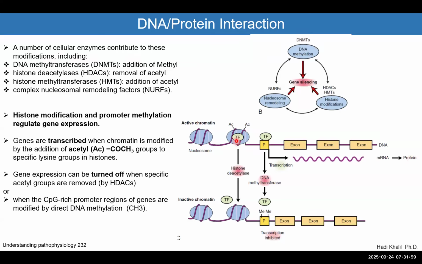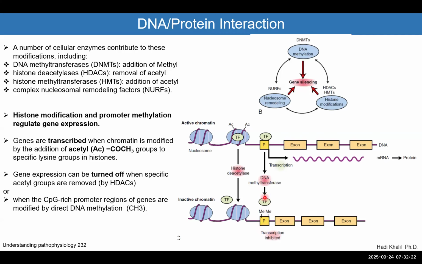Now, what I just told you is that if we deacetylate that histone, so we remove the acetyl group from the histone proteins, then most probably that transcription factor cannot bind. Or if we add a methyl group, then most probably that transcription factor is not going to be able to bind.